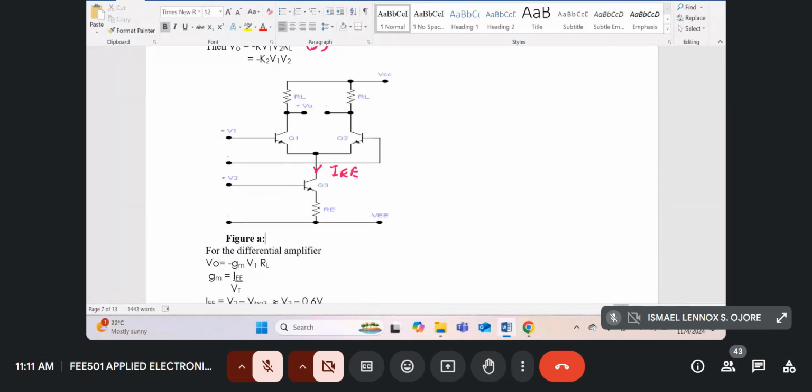So for this circuit, if GM is the transconductance of Q1 and Q2, we can write that V0 is minus GM into V1 RL.